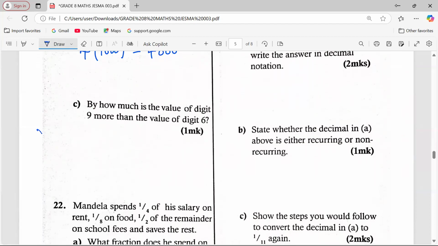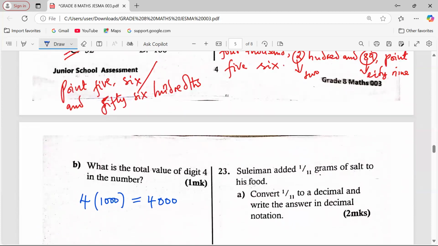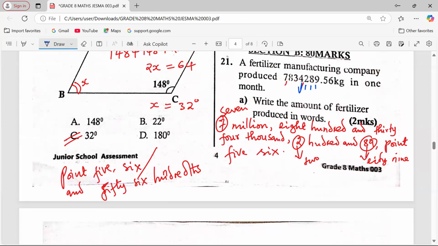By how much is the value of digit 9 greater than the value of 6? The value of 9 equals just 9, because it is in the ones position. But in the tens position, like 8, it would have been 80.